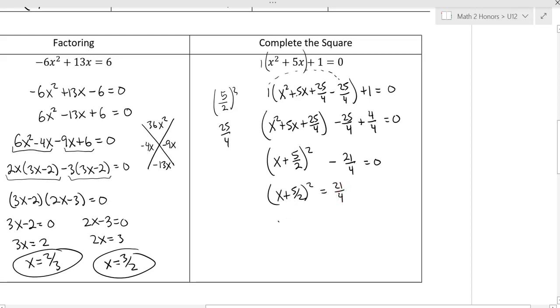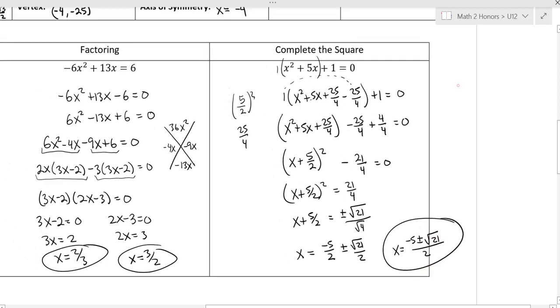And then take the square root of both sides. Don't forget the plus or minus sign. And then subtract 5 over 2. And in this case, the square root of 21 can't be simplified. And so I'm going to write this as one big fraction. X is negative 5 plus or minus the square root of 21 all over 2. And that's our answer for the last one.